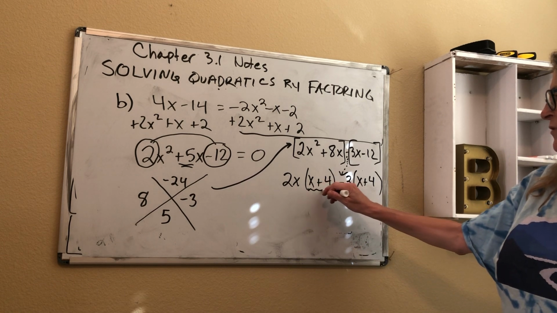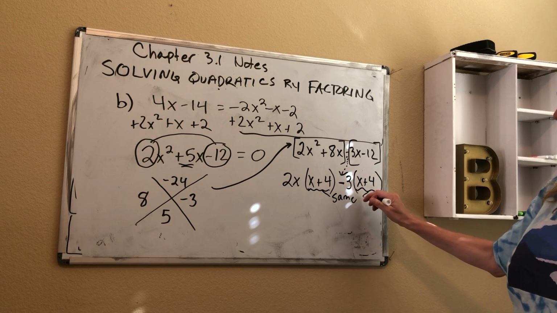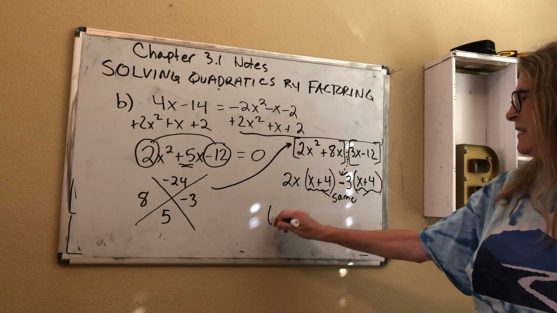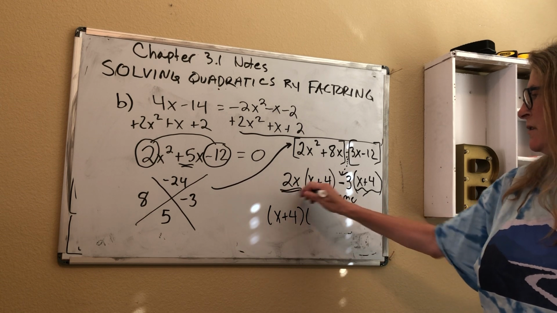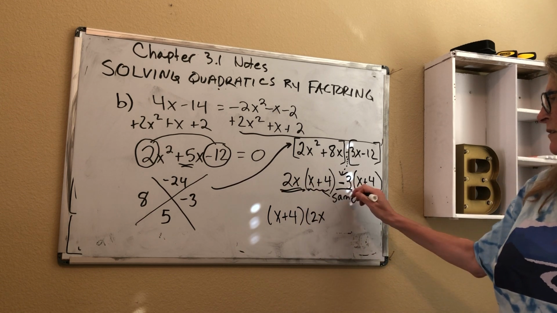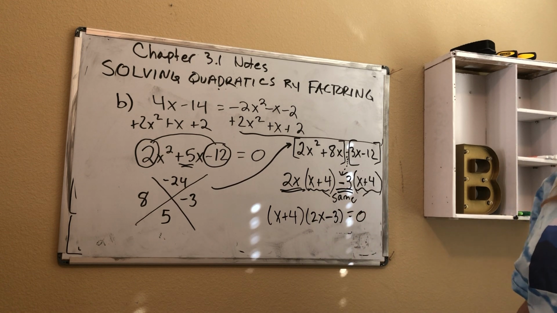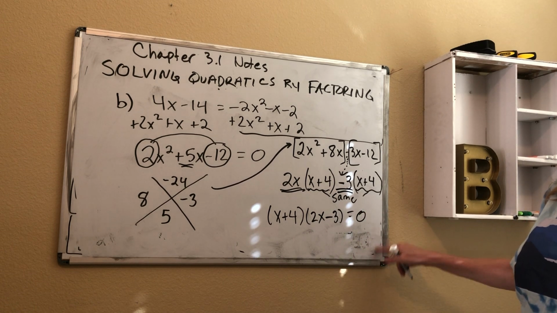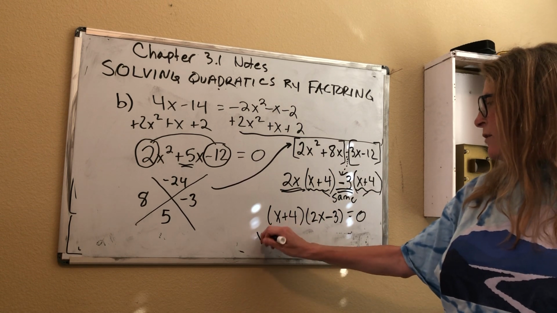So again, these are the same, right? If those are the same, I can write it as x plus 4 times 2x minus 3. So I've got it all factored out there. And now I can set each one equal to 0.